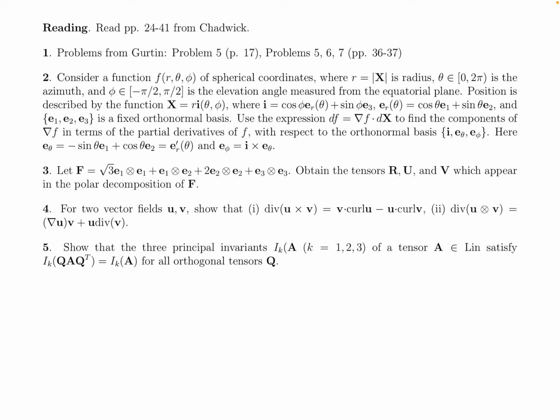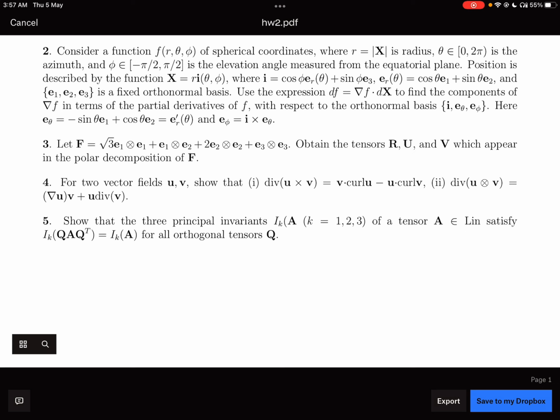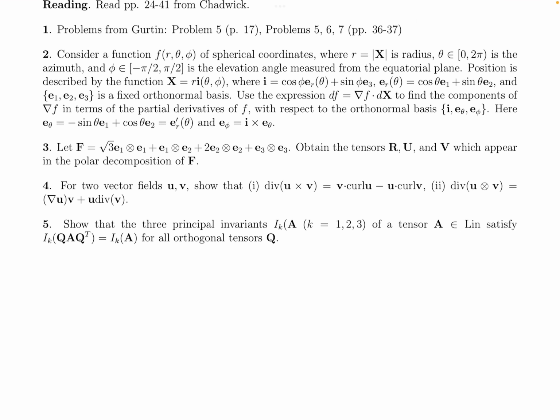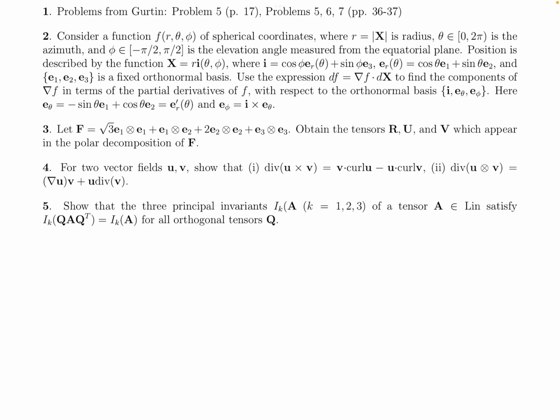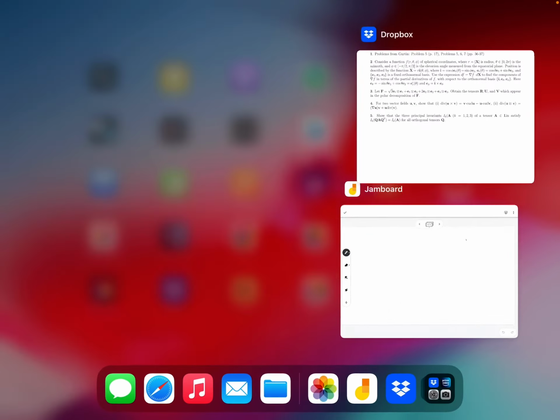So r is mod x, the radius, theta belongs from 0 to 2 pi is the azimuth, and phi belongs to minus pi by 2 to pi by 2, is the elevation angle measured from the equatorial plane. So let us draw a diagram here.